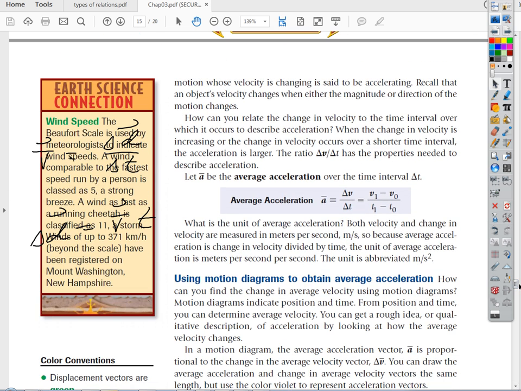If average acceleration equals change in velocity over change in time, what if I solve that for, for example, change in velocity? Let's see what we can do with that. So acceleration, or average acceleration, equals delta V over delta T. If I solve that for delta V, doesn't this just give me delta V equals a T?